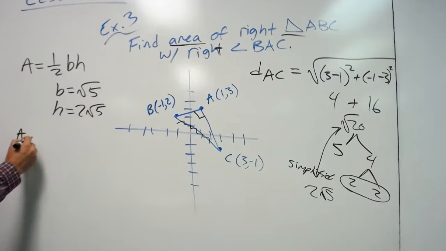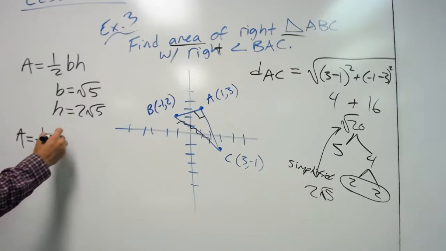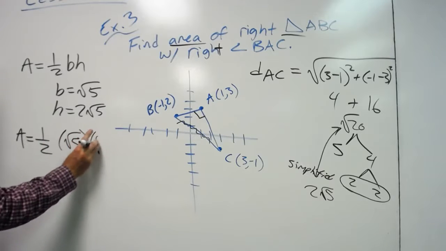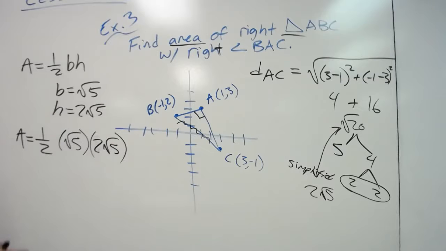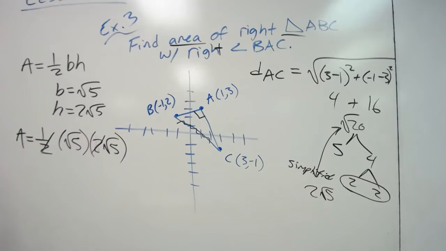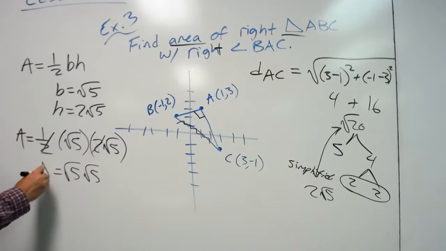Area equals 1/2. Base is radical 5 times 2 radical 5. Well, we can do 1/2 of 2 and cancel those, and we're left with square root of 5 times square root of 5 equals area.